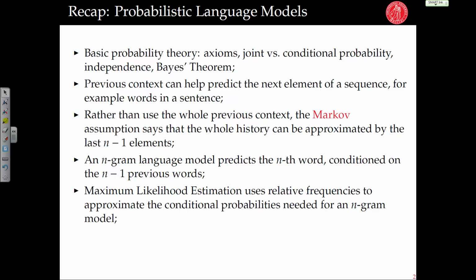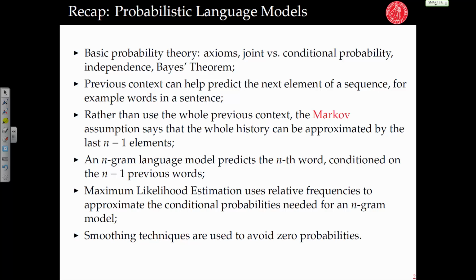We count how many times we see w_{i-1} followed by w_i, and we normalize that by the number of times we see w_{i-1}, so the context. And of course, this Markov assumption didn't mean that we actually solved the problem of unseen events, or in this case, unseen bigrams or trigrams.